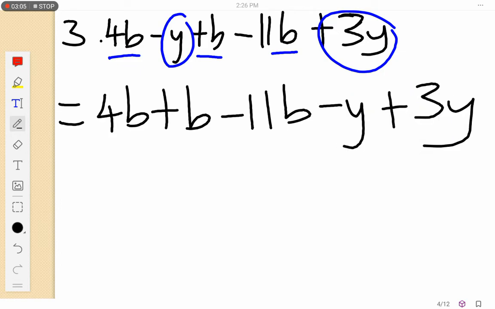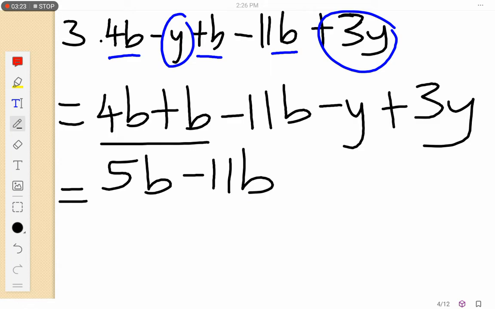Let's solve it step by step. 4b plus b, for the first one I'll get 5b, then minus 11b. Solving for minus y plus 3y there, I'll get a plus 2y.